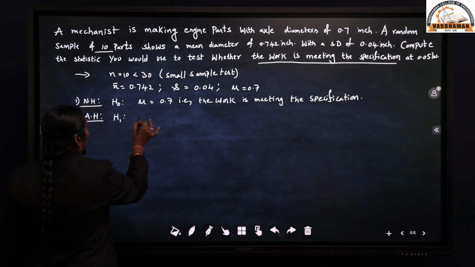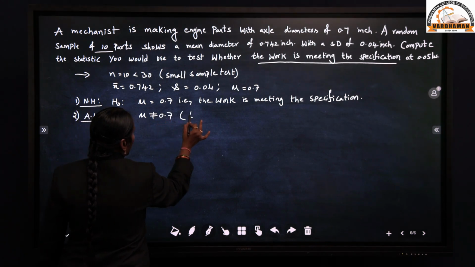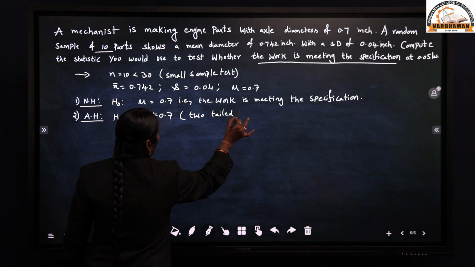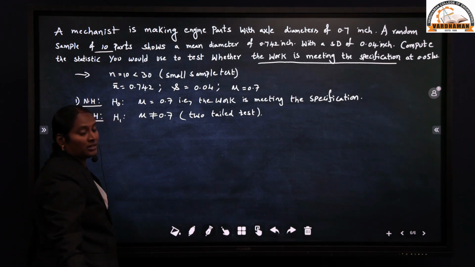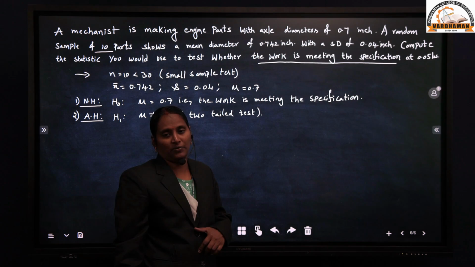So what is H1? H1 is mu not equal to 0.7. It means that the test is a two-tailed test. So if it is a two-tailed test, the work is not meeting the specification, or the product is not meeting the specification.